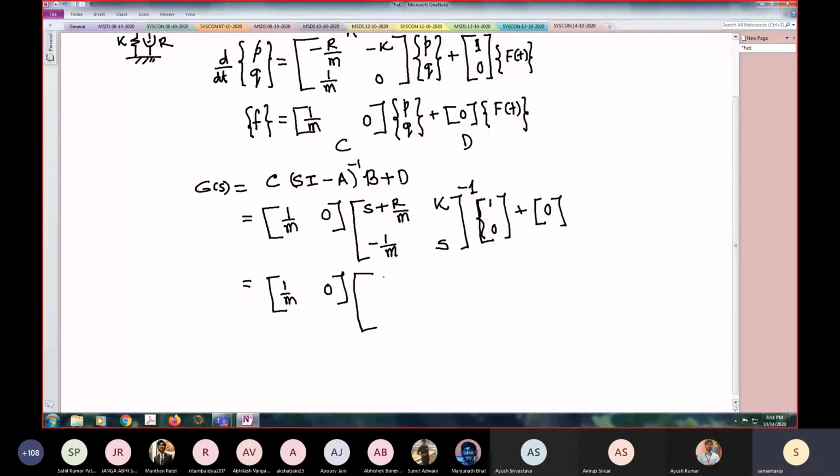So the adjoint gives s, here something that doesn't matter, divided by the determinant.